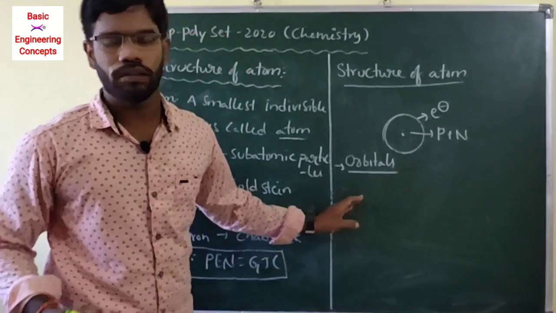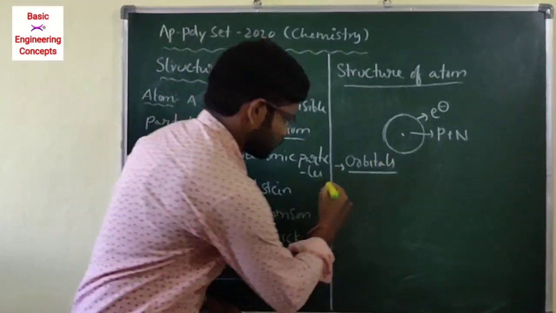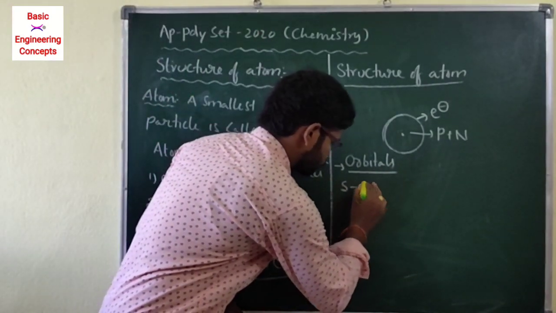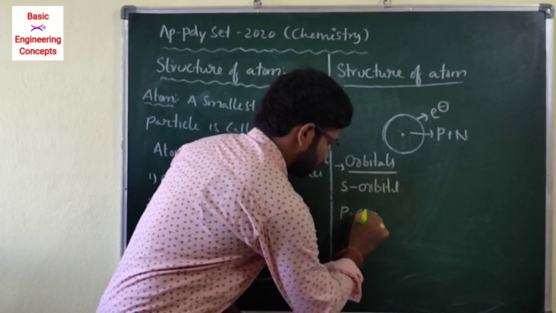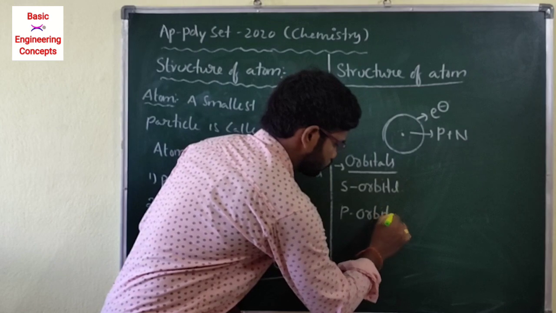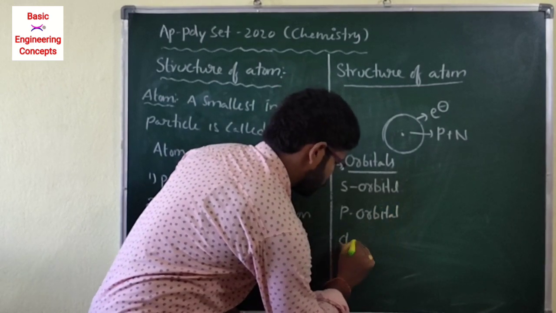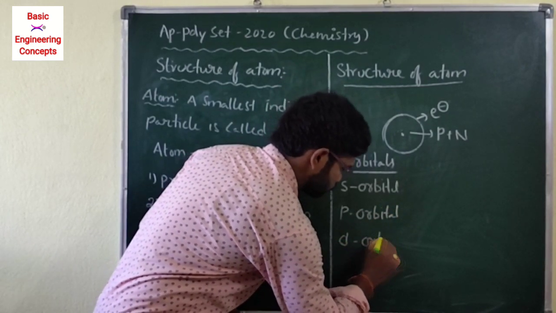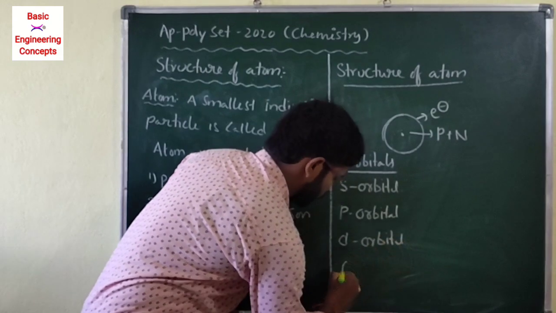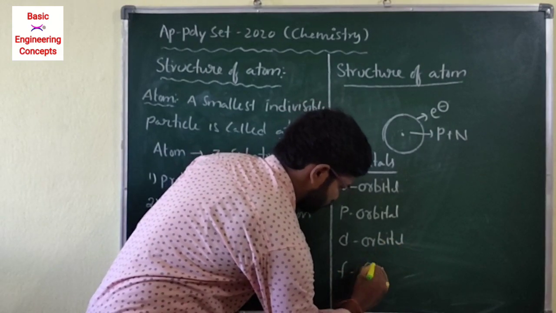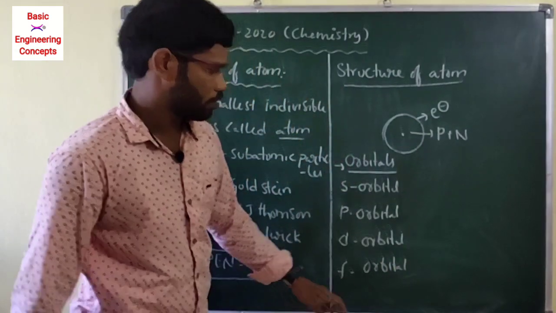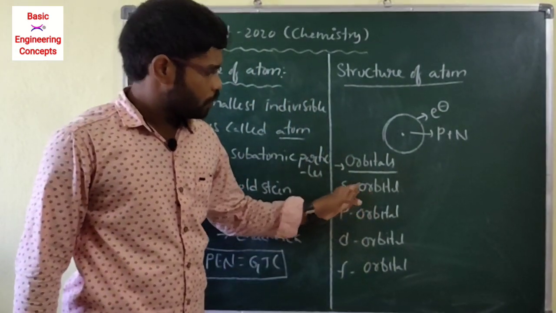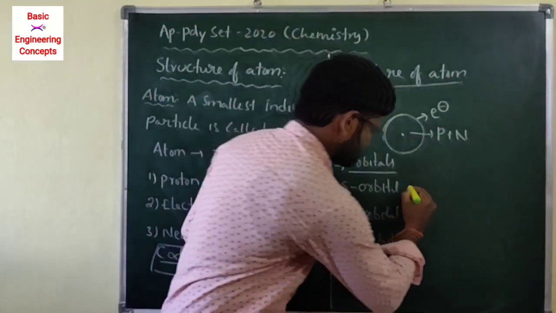Orbitals. We have 4 types of orbitals: the first one is the s orbital, second one is the p orbital, third the d orbital, fourth the f orbital. One type of question will come in Polycet: what is the shape of the s orbital?